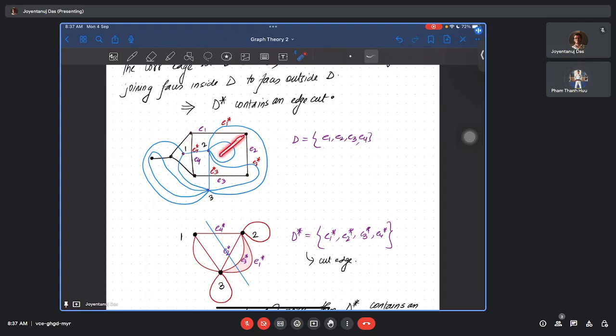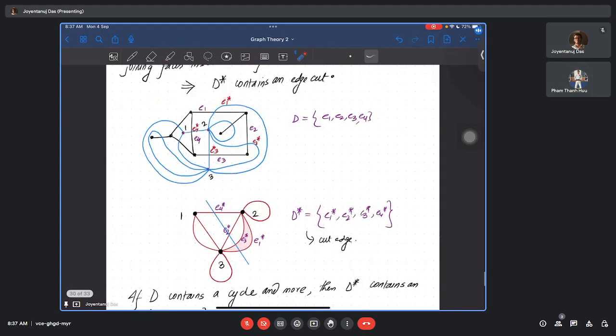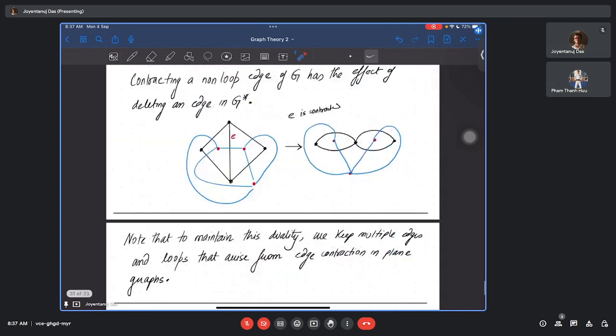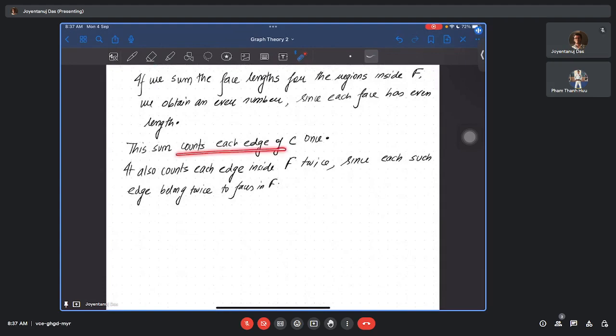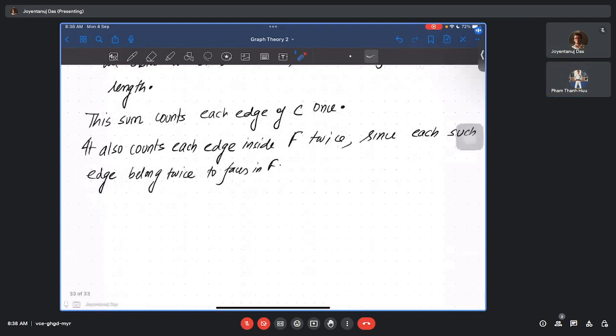So this is our inside region, this is our region F, and this is the closed cycle C, right? So each edge that is on the cycle is counted once, but each edge which is inside the region is counted twice. So that is the idea.